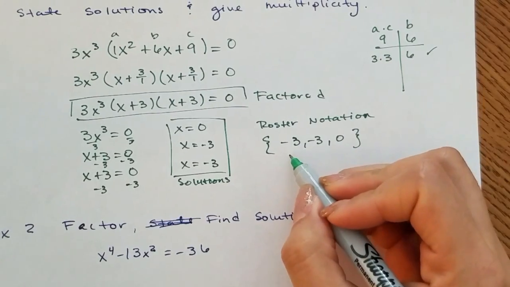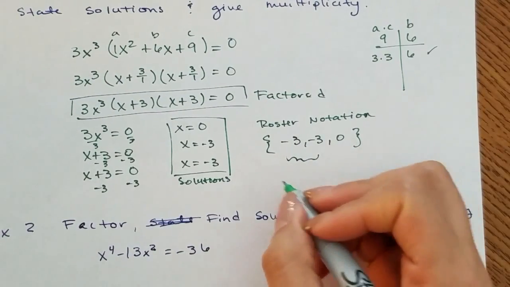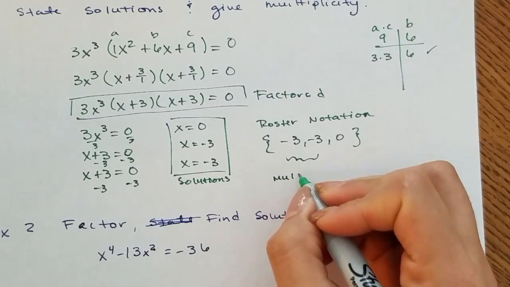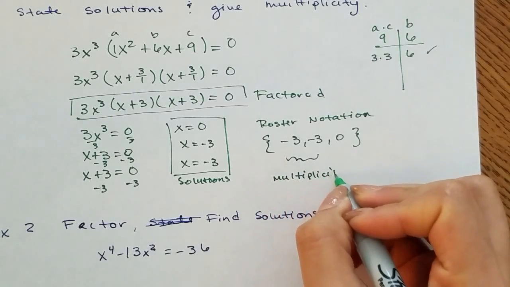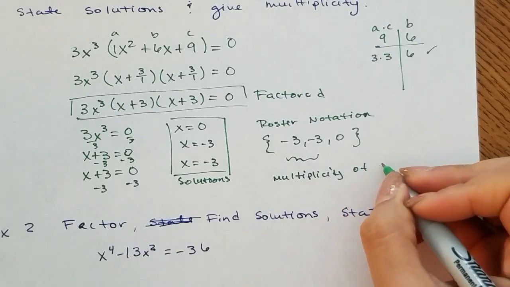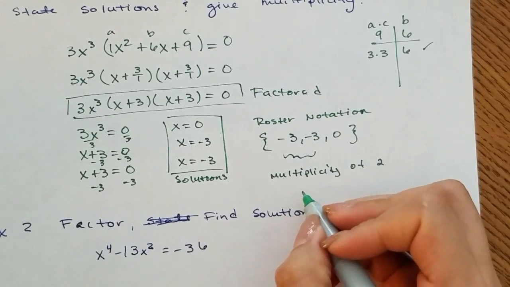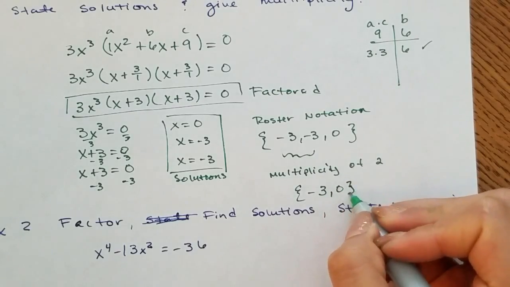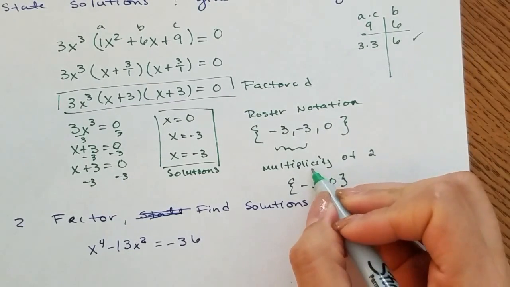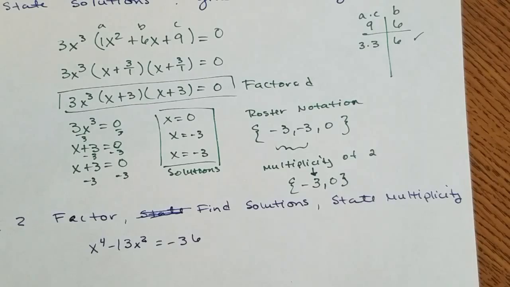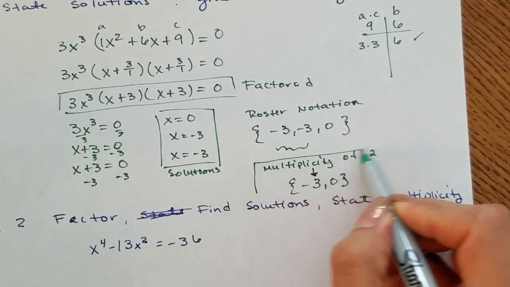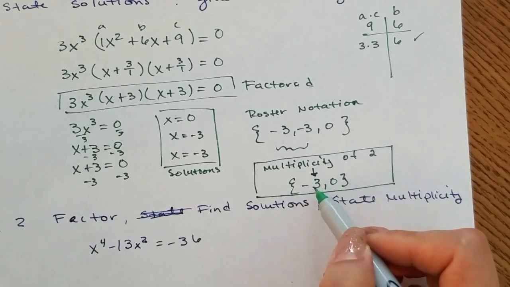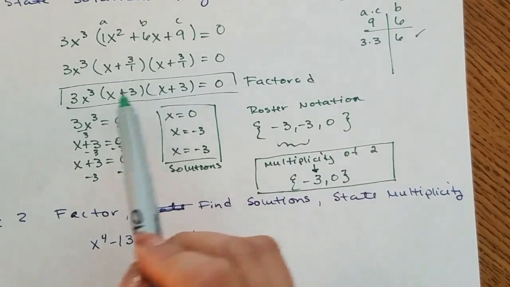Now, because we have negative 3 twice, we can state that as a multiplicity of 2. So when we write it in our roster notation, we would only list negative 3 once, where negative 3 has a multiplicity of 2. Okay, so that is what we want. We've stated the multiplicity, we've given the solutions in roster notation, and we factored it completely.